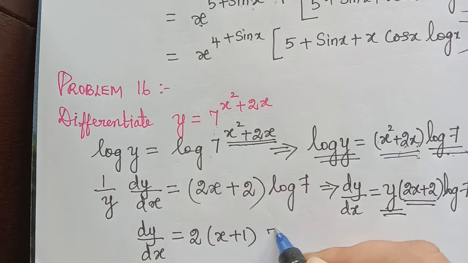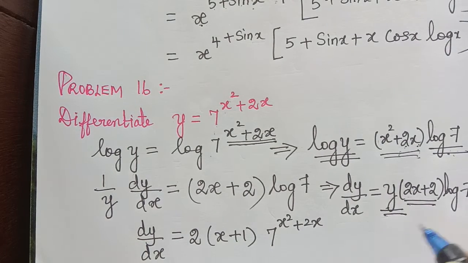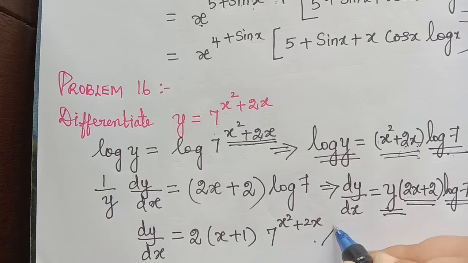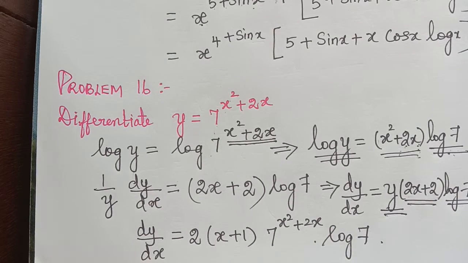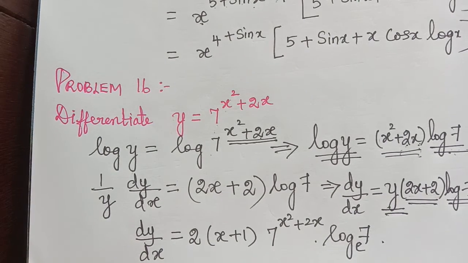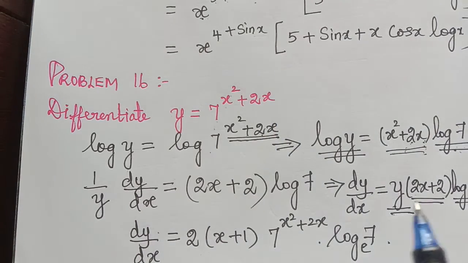So y is 7 raised to the power x squared plus 2x and multiplied with the constant, which is log 7. So logarithm of 7. And when we have a number, we can write, because we know that it is to the base e. So we have dy by dx as this, which is the differentiation of y equal to 7 to the power x squared plus 2x. Hope you have understood this problem.